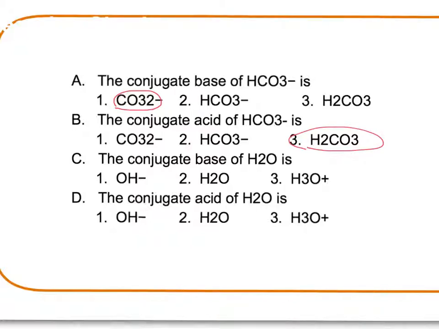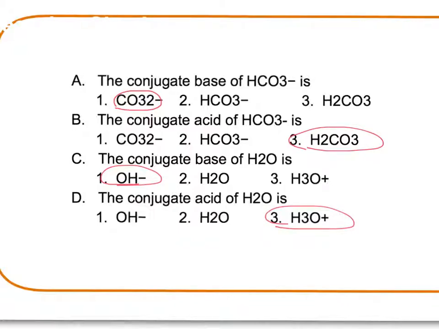The conjugate base for H2O is OH-. It loses a hydrogen. The conjugate acid for H2O would be H3O+. Notice it gained a hydrogen.